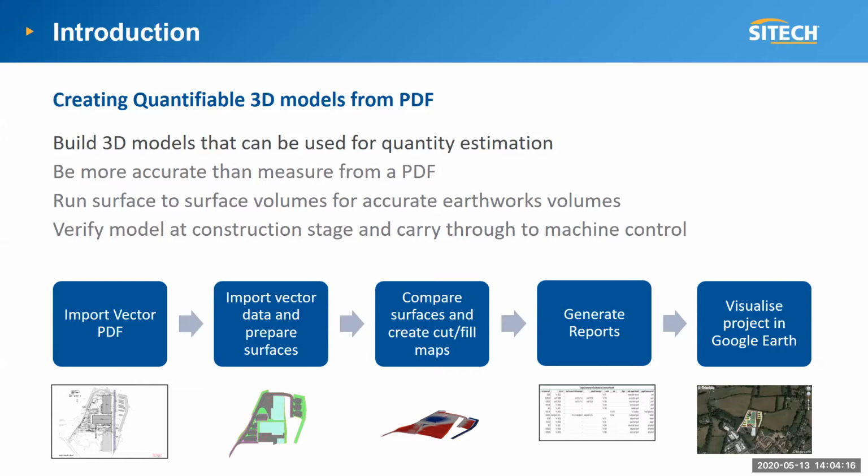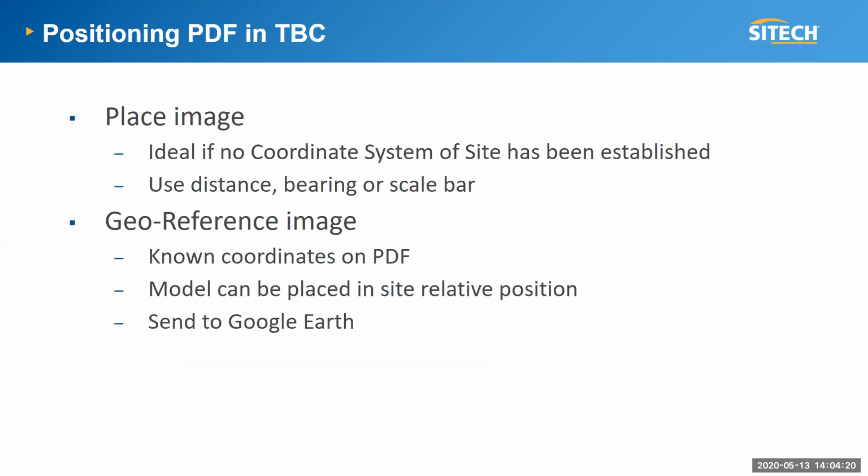So, the different types of positioning we can have in Trimble Business Center. There's a couple. The first one, very basic, is just place image.